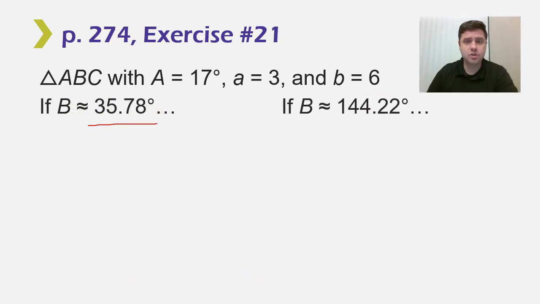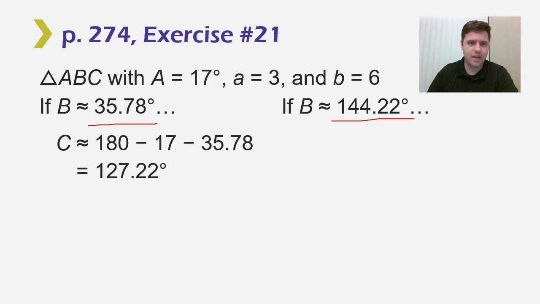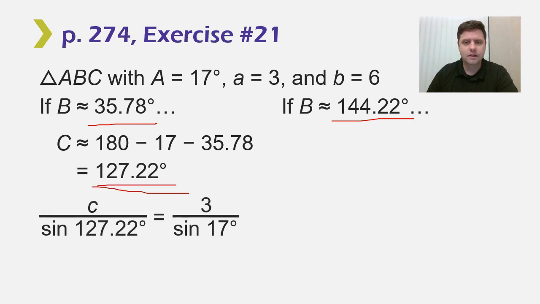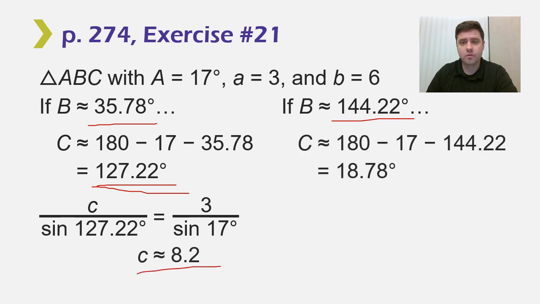So again, let's set up the two cases and see what happens. If we have a B of 35.78, we subtract all that from 180, and we get this for the other angle. We can set up for C and get 8.2. We can then do the same thing over here for our second case. We take 180 minus 17 minus 144. Notice that we get an angle measurement that still is a positive number, so that triangle does exist.